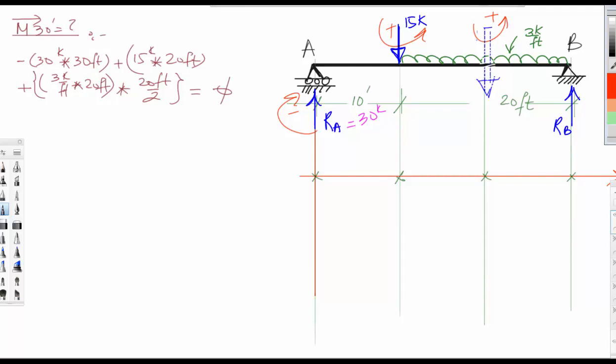Now that I have all the points calculated, I can go and update my sketch. If I go back to the values, this is 0, and this is 0.